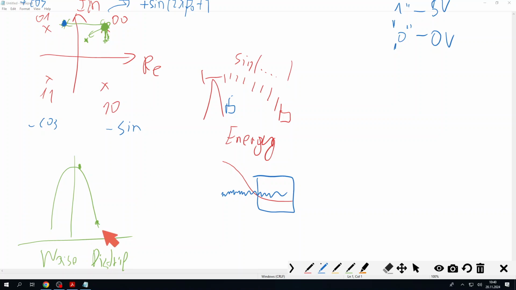The algorithm calculates the Euclidean metric to this signal, this signal, this signal, and this signal, and chooses whichever is the minimum. That's how it makes the decision. As you can see, in this case it is going to make an error, because originally you transmitted 0 0, but your received point is closer to 0 1, and that's how the error happens. So this is a hard clustering.